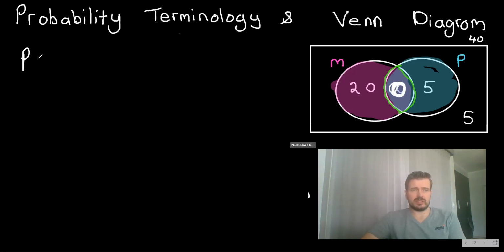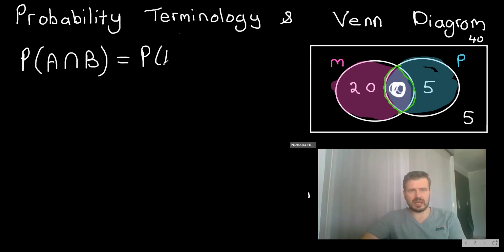So the last thing is that if P(A and B) equals P(A) times P(B), then you have independent events.